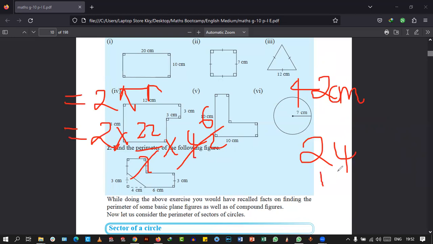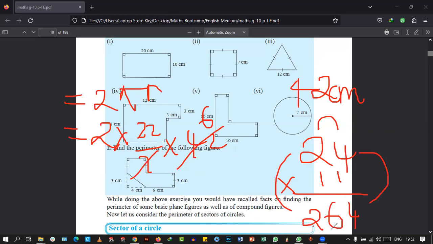So now we have to multiply that 24 by 11. That's very simple, right? So then the 4 will come like this as it is. And then we have to add these 2 and 4 together. That will be 6. And then this 2 will come like this. So then it will be 264. That's very simple, right? 264 centimeters is the answer for this.